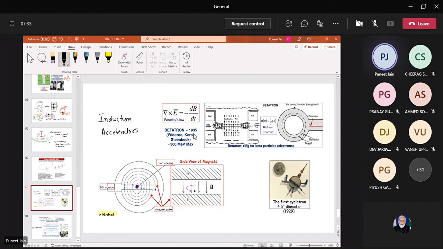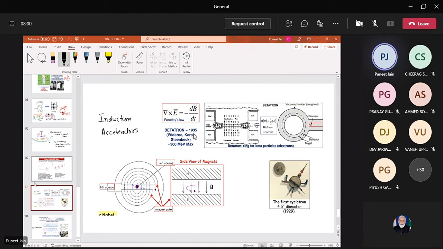Beta was the name given for the electron during nuclear reactions or nuclear decay. That's why this machine was called the betatron, because it was used for important nuclear beta decay studies, and this also earned a Nobel Prize.